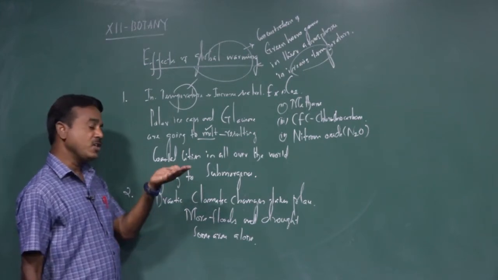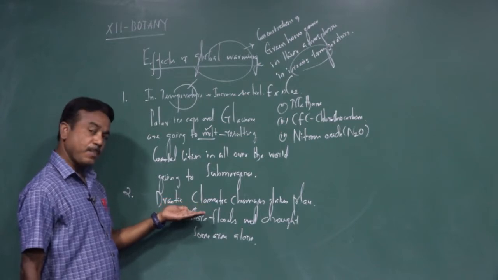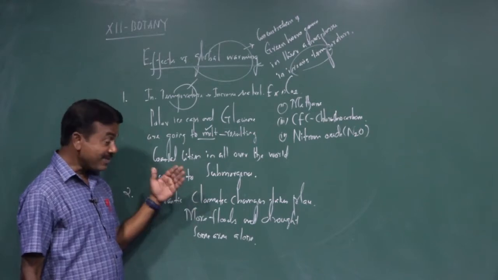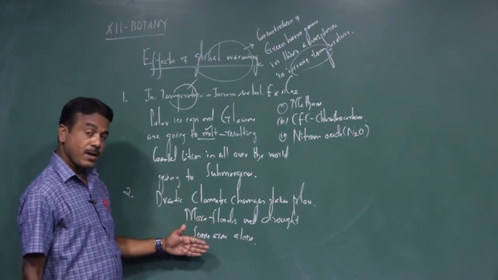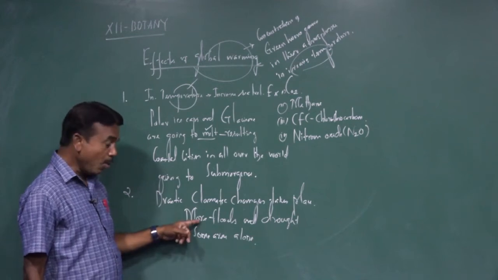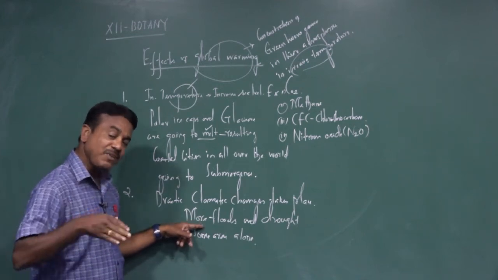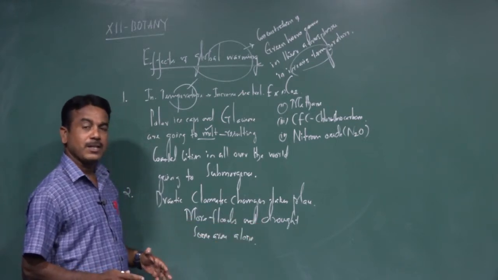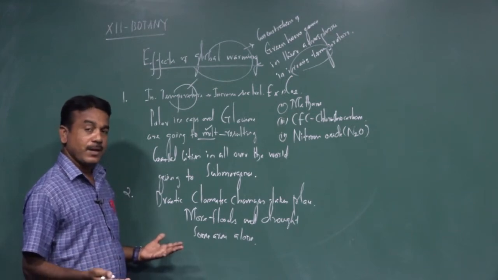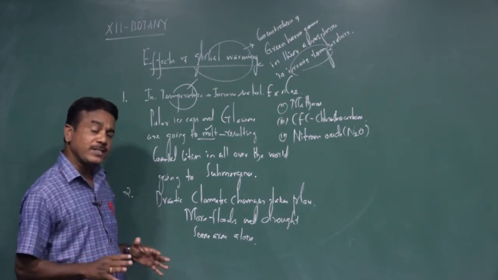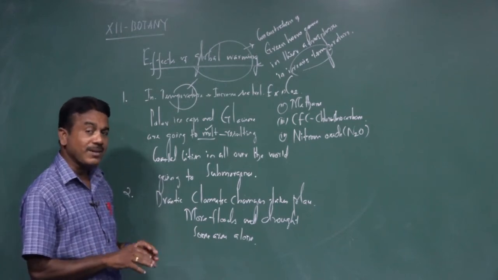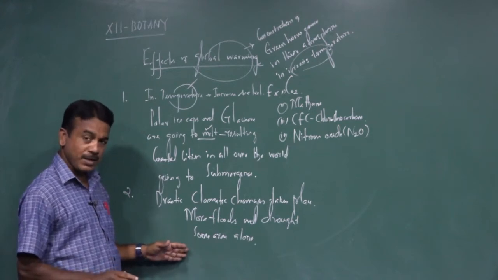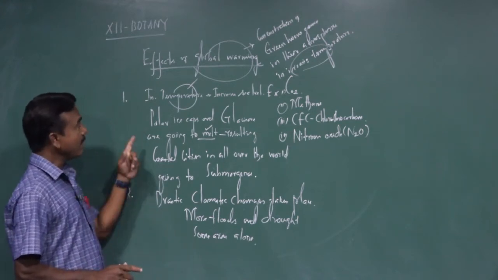If the temperature level increases, drastic climatic changes take place. These can cause more floods and heavy rains, as well as heavy drought, which means there is no rain. Either more rain or no rain happens, but this kind of situation does not occur in all areas, only in specific areas. That is the second effect of global warming.